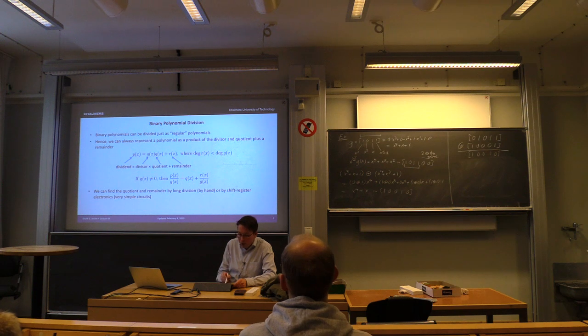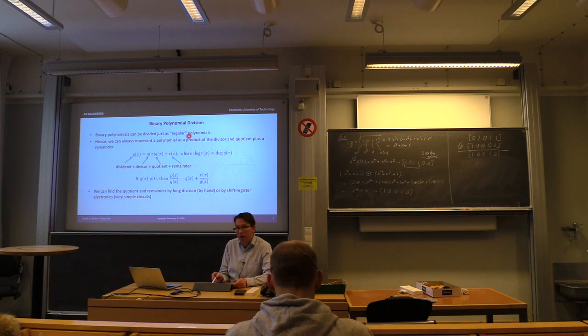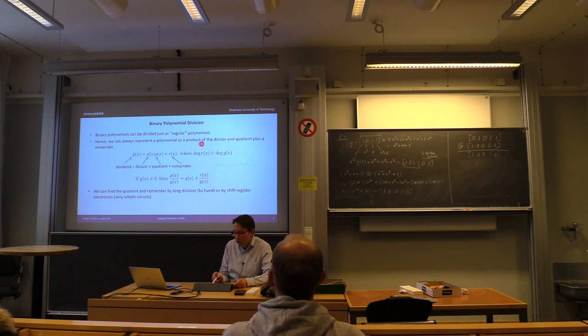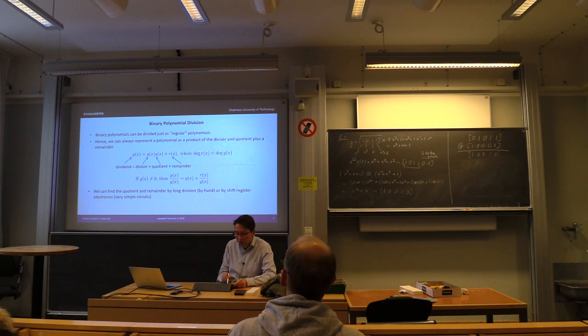So just to say, binary polynomials can be divided just as regular polynomials. We can always represent a polynomial as a product between the divisor and the quotient plus a remainder. So if we have a polynomial p, let's call that the dividend, then we have a divisor g and a quotient q and an r, which is a remainder. These are all polynomials.